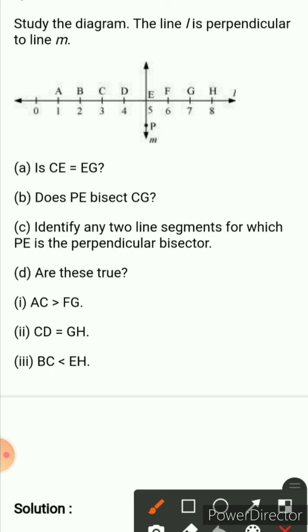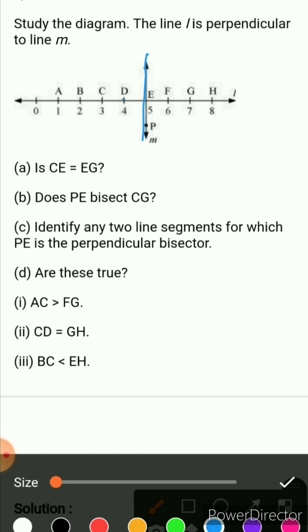Next is identify any 2 line segments for which PE is perpendicular bisector. So that is your PE. Okay, and you have to mention here 2 segments, line segments for which PE is perpendicular bisector. So your first line segment is EF. Clear? जो आपका EF है उसको जो आपकी PE line है, that line.